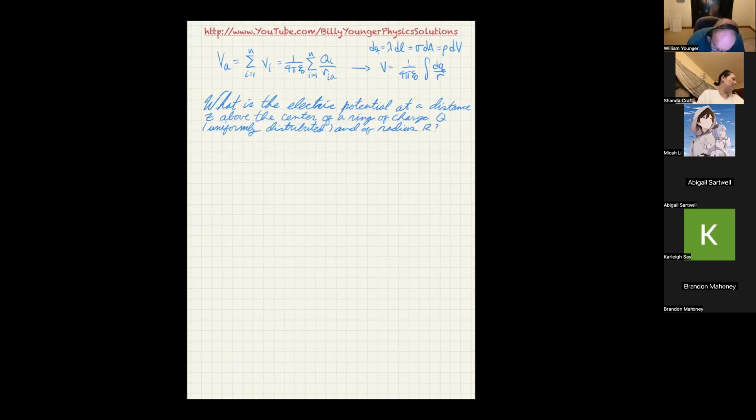I will go ahead and draw a coordinate system just to help us see what we're doing here. That's going to be my x-axis, that's going to be my y-axis, that's going to be my z-axis. And in fact, I will draw a ring of charge like so.